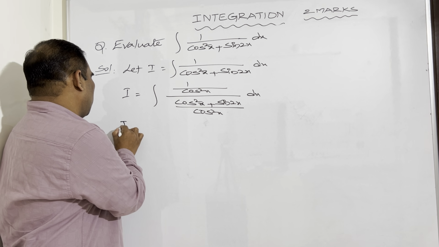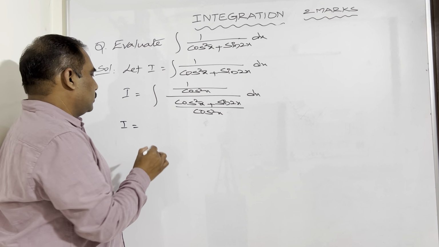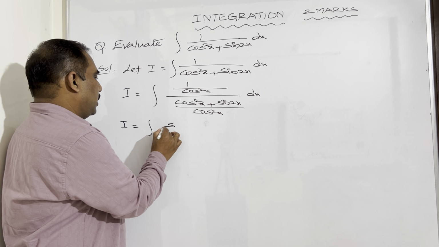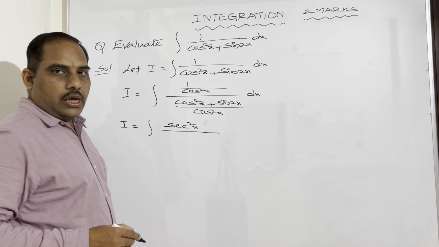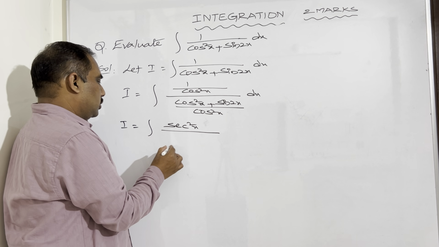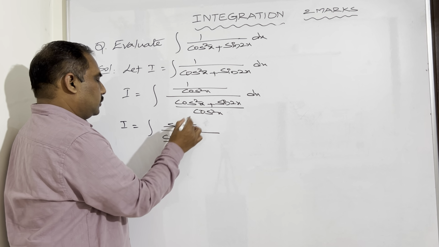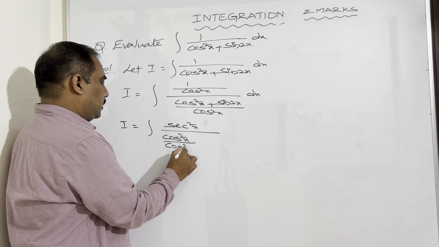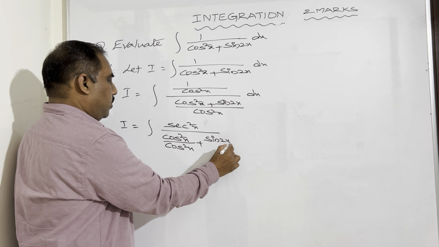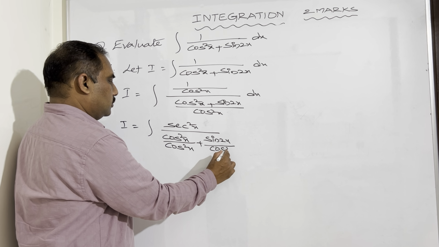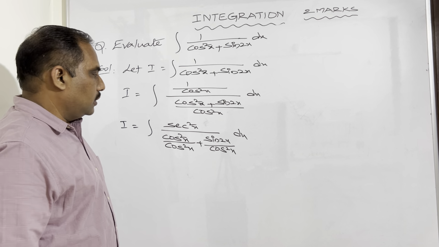Now further it can be written as, we know that 1 by cos is secant, so the integral of 1 by cos square x can be written as secant square x. Here, split the denominator: it can be written as cos square x by cos square x plus sin 2x by cos square x, dx.